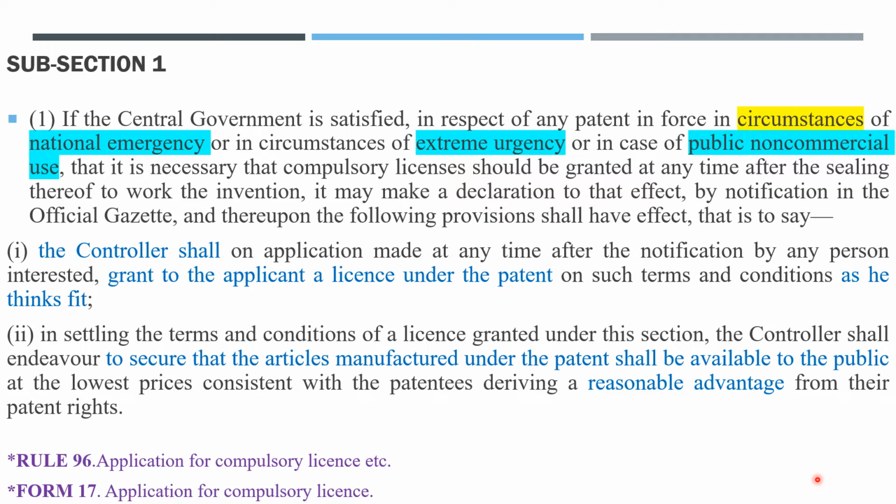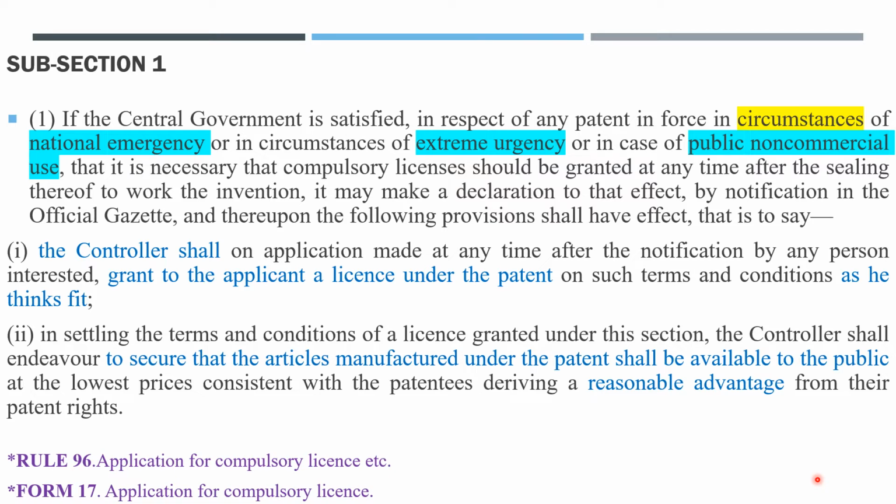This comes from the first clause. After the notification is made, any interested person may file an application for the grant of a compulsory license, and the controller shall grant a license under the patent with such terms and conditions as he thinks fit.